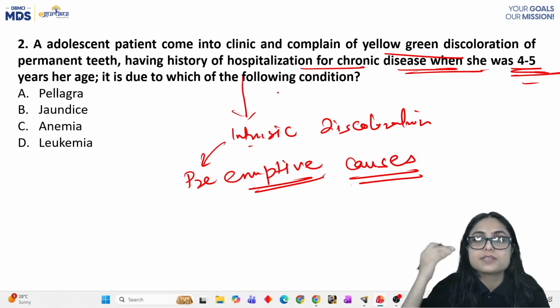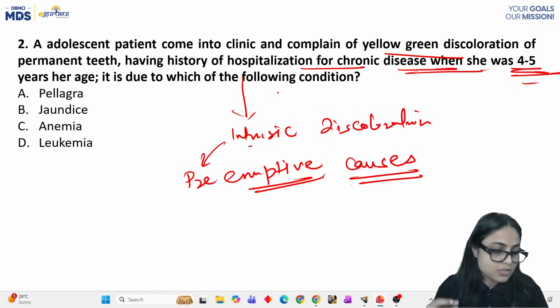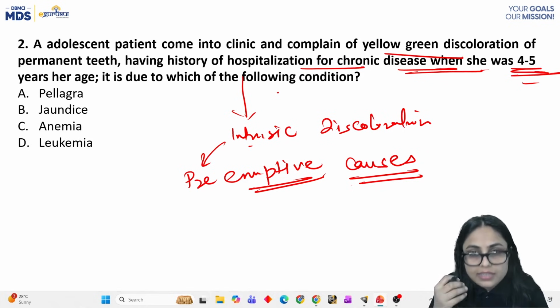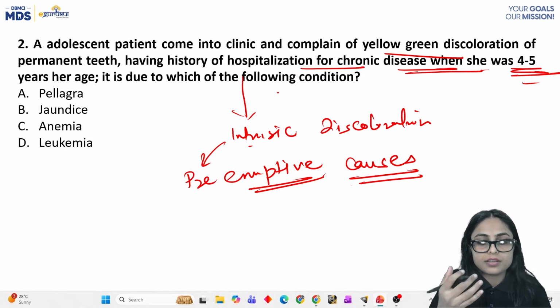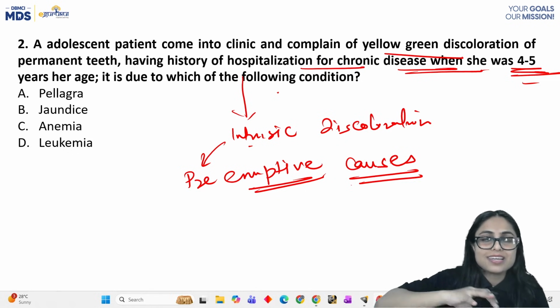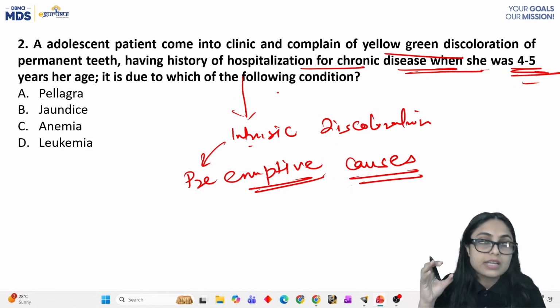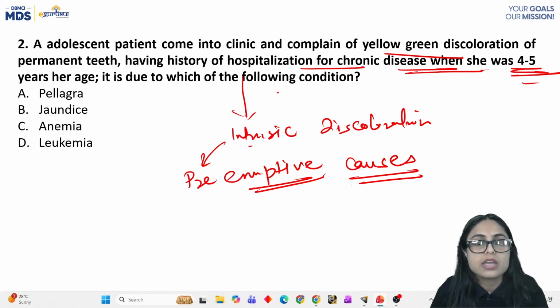Bilirubinemia means increased bilirubin pigment. So when there is increased bilirubin, this bilirubin gets incorporated into the teeth, the hard tissues, and that gives us this discoloration, which is intrinsic discoloration.